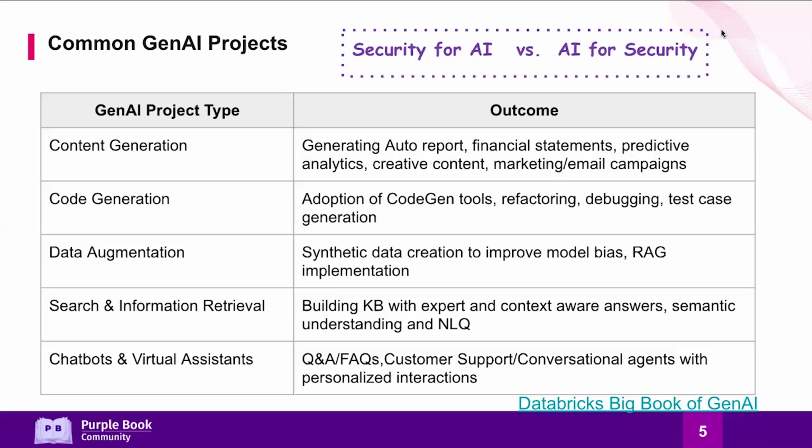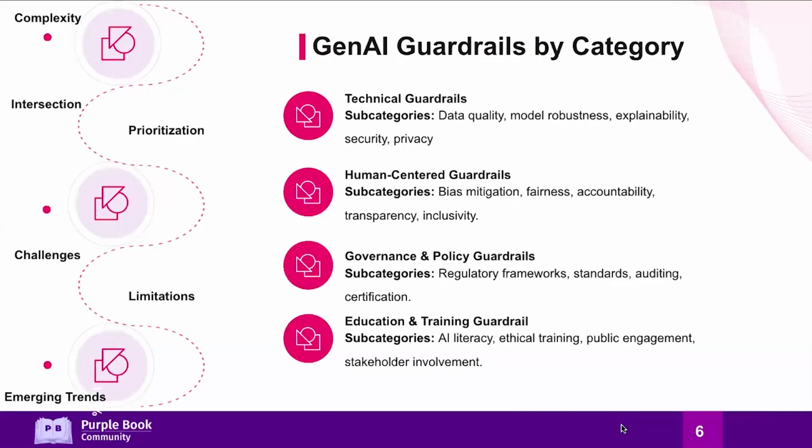Now, on the bottom, I have a link to Databricks. This is their big book for GenAI. In addition to introducing and marketing their model, they have a lot of use cases starting from stage 0. So I think it's a good link to take a look at, guys. It's a good read. So let's start directly from here.